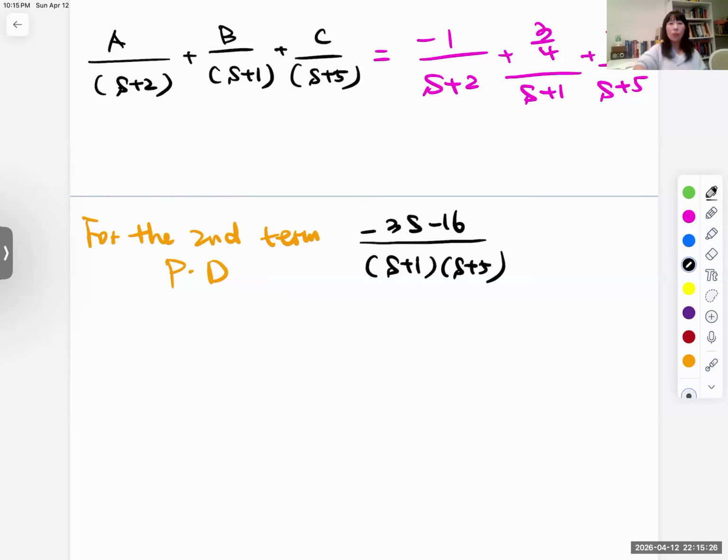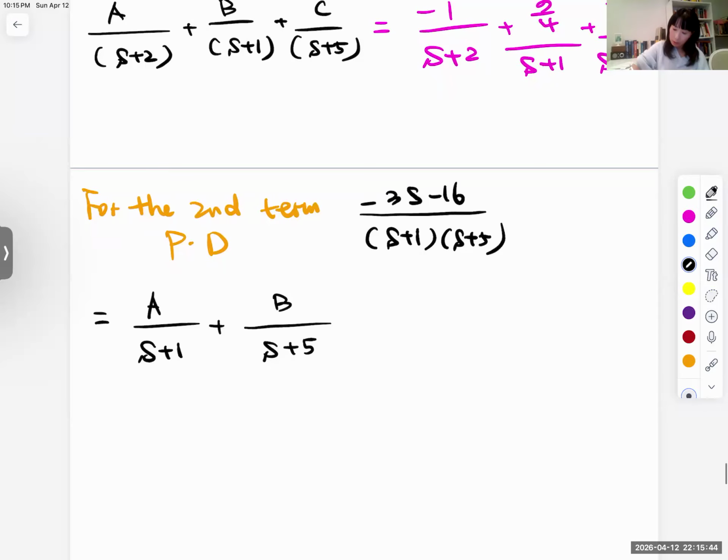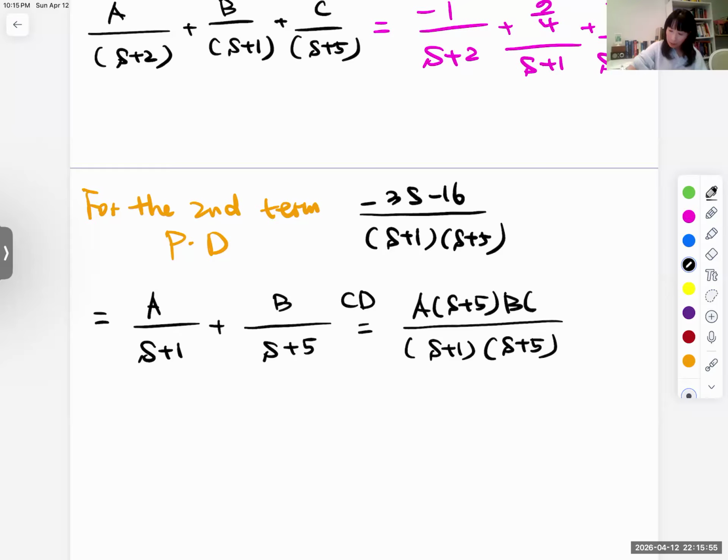So (s+1)(s+5), A over s plus 1 plus B over s plus 5. Yeah. Okay, so there will be a common denominator: (s+1)(s+5), A(s+5) plus B(s+1).